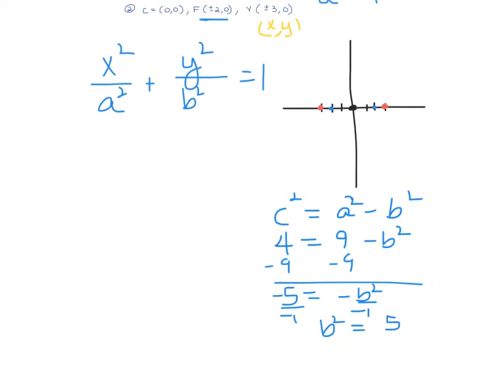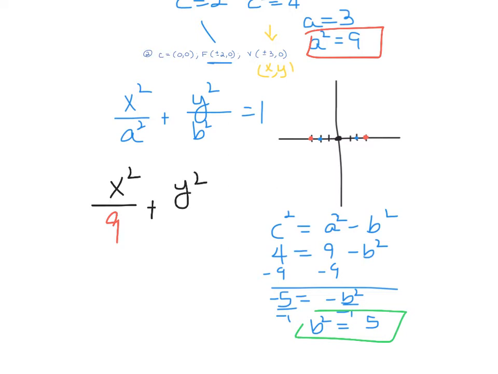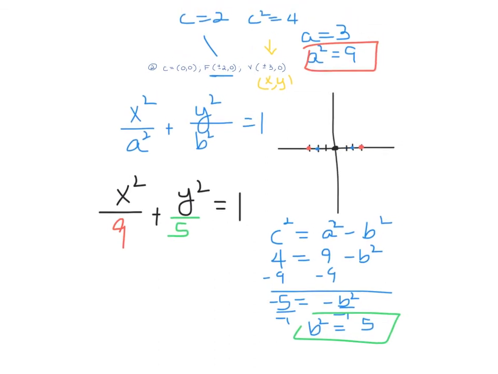So now I can just take those two values that I found, the A squared equals 9 and the B squared equals 5. Plug them in. X squared, the A squared goes here, Y squared, and that value is 5, and it always equals 1. And that is the standard form for that given information.